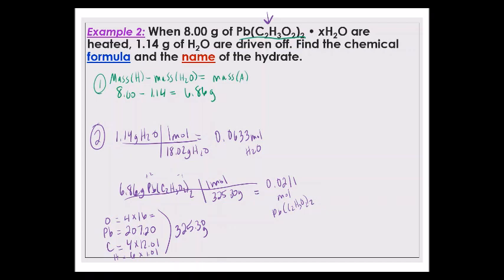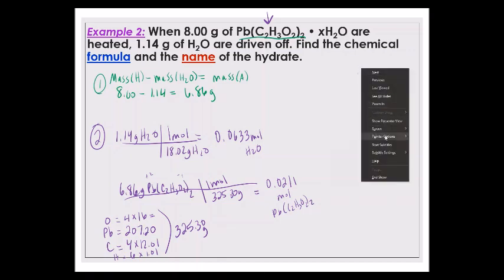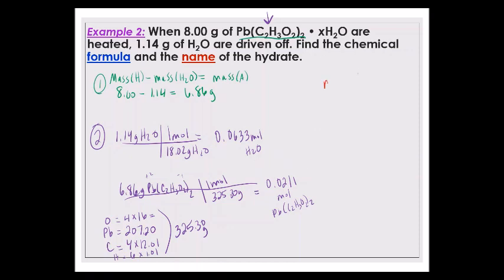Now, for the last step, all we have to do is do the moles of the water divided by the moles of the anhydrate. So moles water divided by the moles of the lead two acetate. And I can tell by the numbers here, 0.06 divided by 0.02, that's going to be a 3.